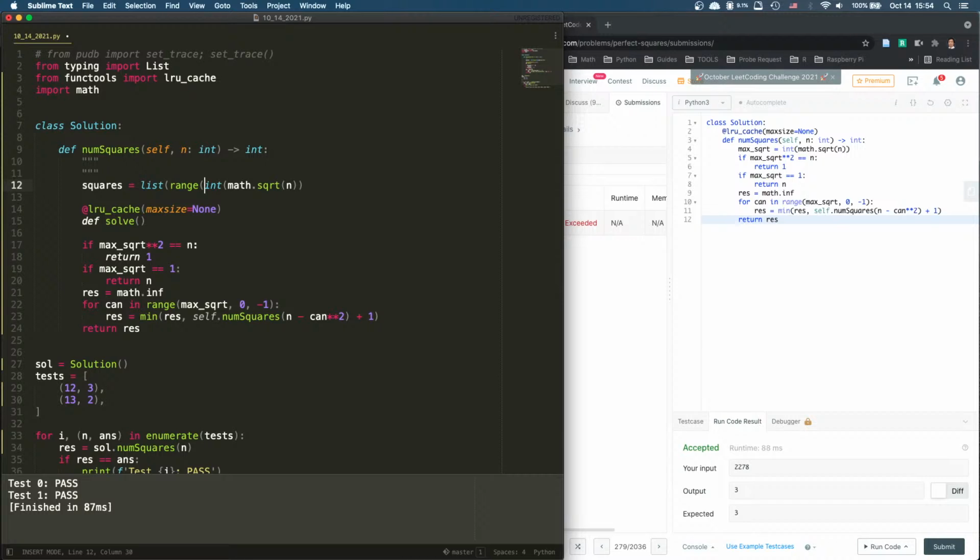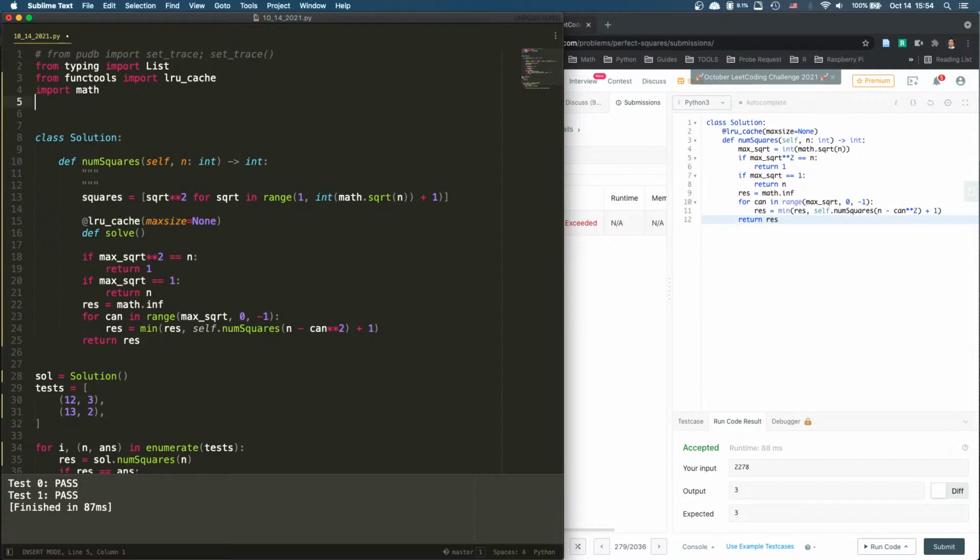And in here, sqrt square for sqrt in range 1 to this plus 1. Yep, that's all the squares. Now with that, we can say from bisect, import bisect, we do bisect right. Yeah, the bisect right.